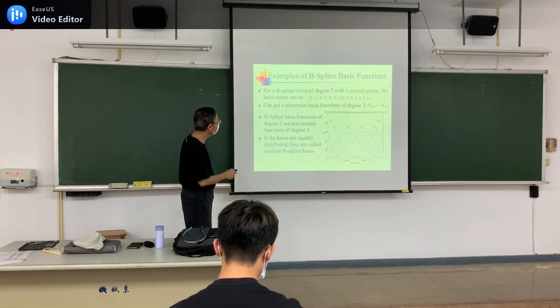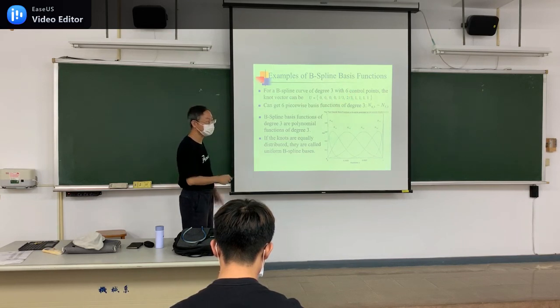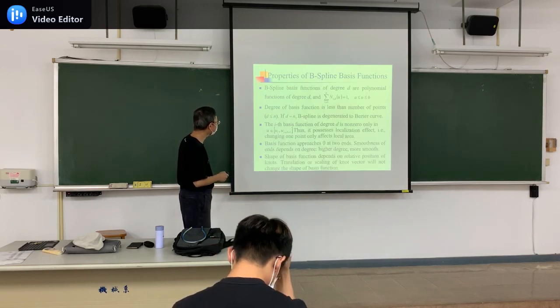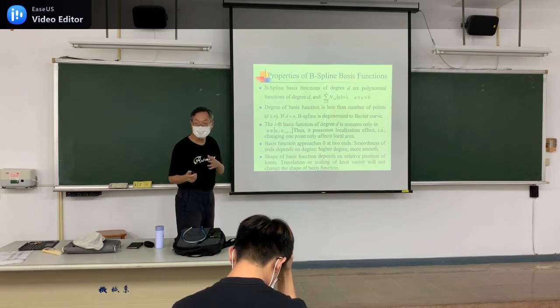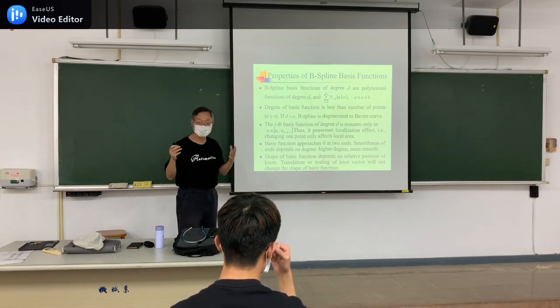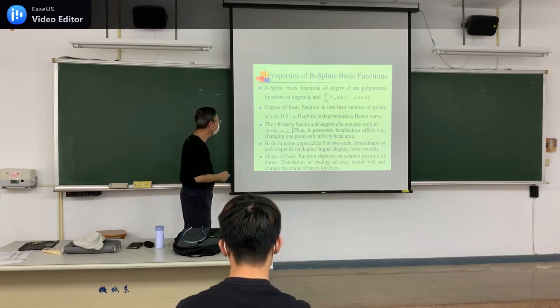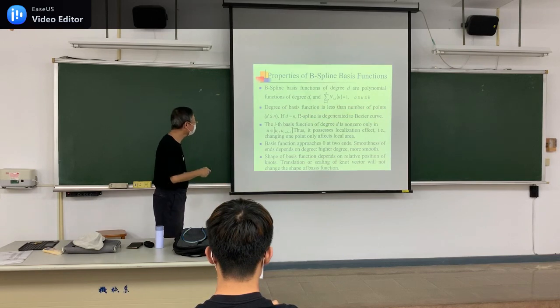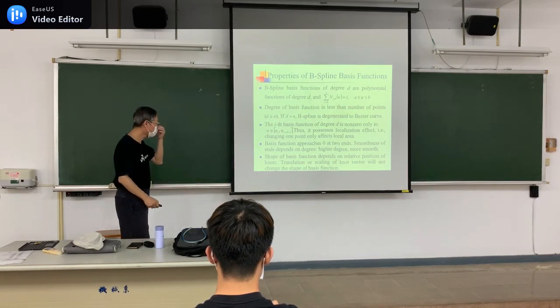So if you have 4 points, you have 0, 0, 0, 0, 1, 1, 1, 1. That's it. In this case, the basis function will reduce to the basis function for the Bezier curve. So this is generalized from the Bezier curve.